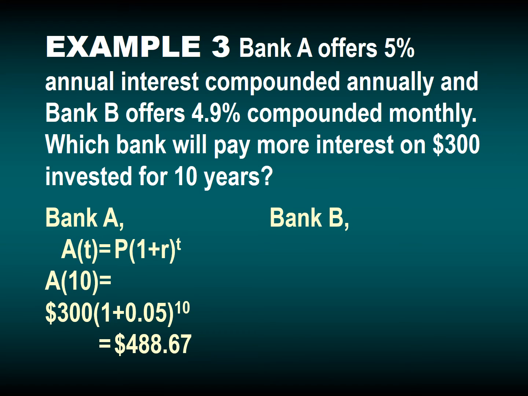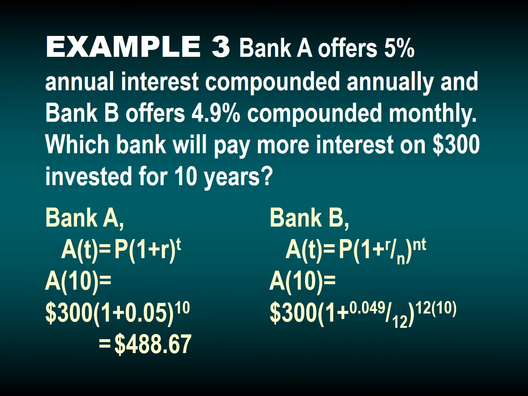So let's look at Bank B. Bank B is compounded monthly, so that's going to look a little different. We have this n value, and n is the number of divisions in the year. So if we're doing monthly, that means that our n is 12 instead of 1.